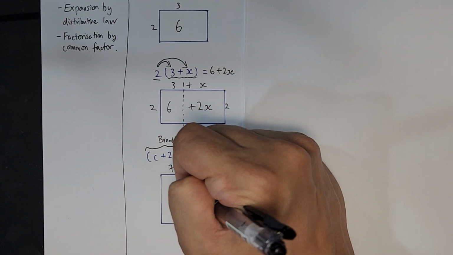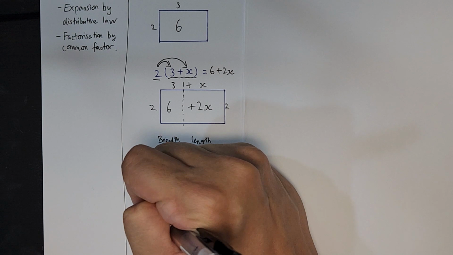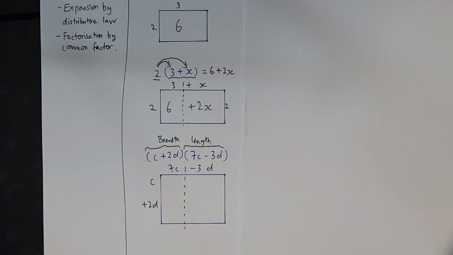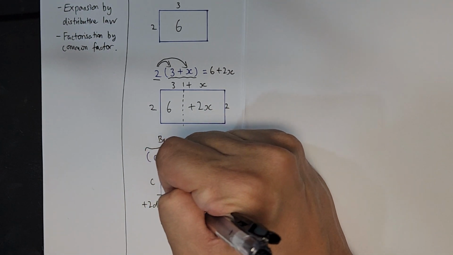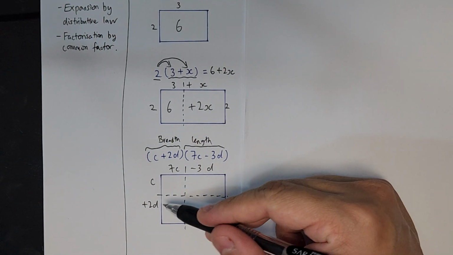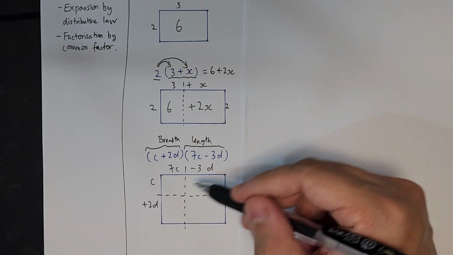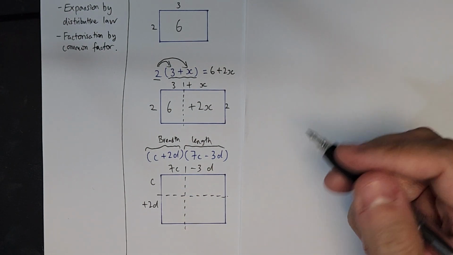I split into 2 rectangles. I have my c plus 2d as the breadth, and I split into 2 parts. So now I split my whole big rectangle into 4 smaller rectangles, and for each one individually I find the area.